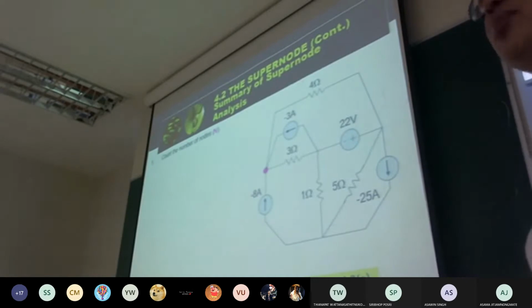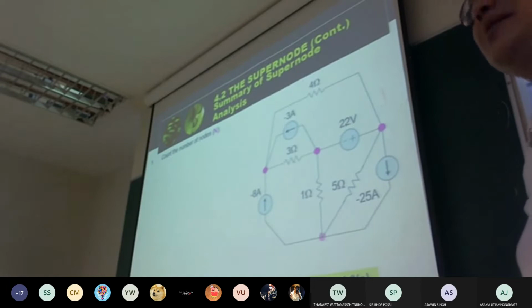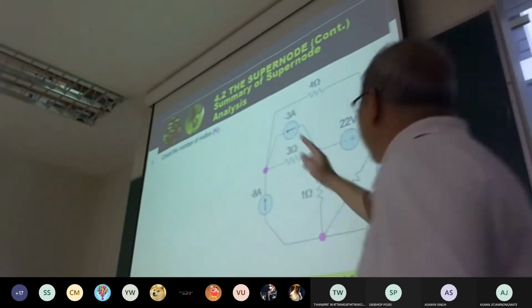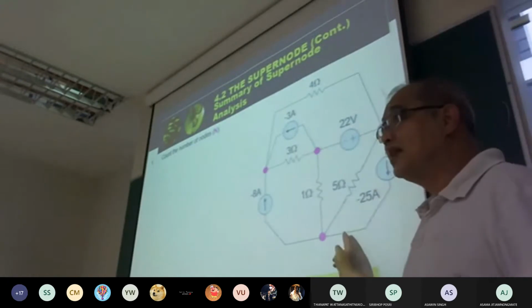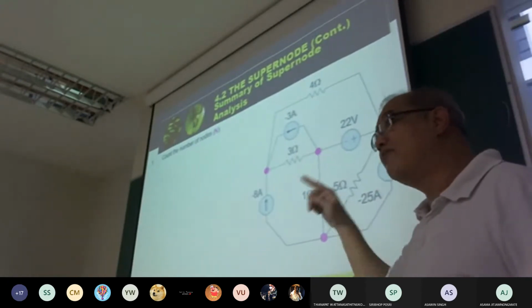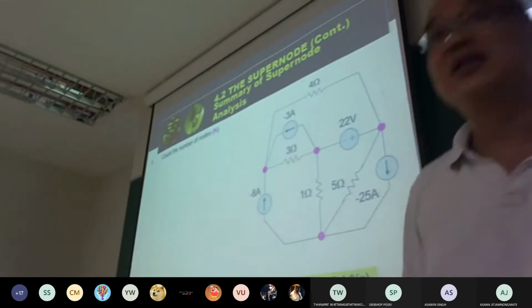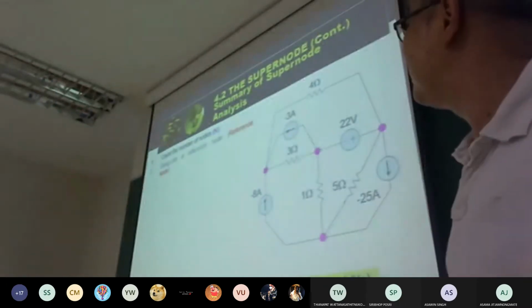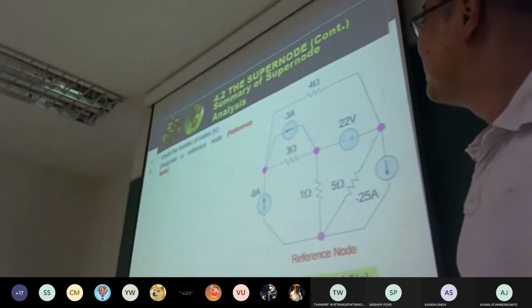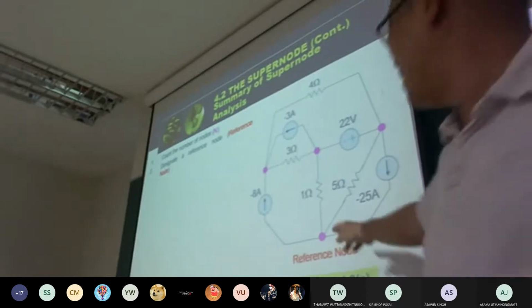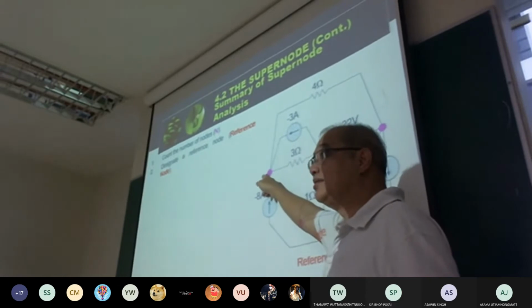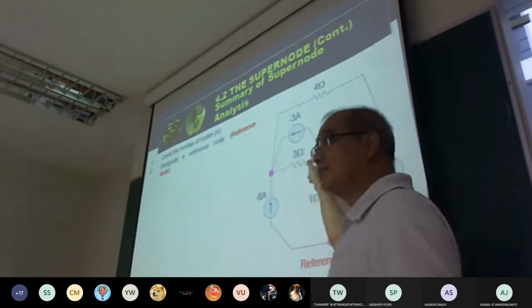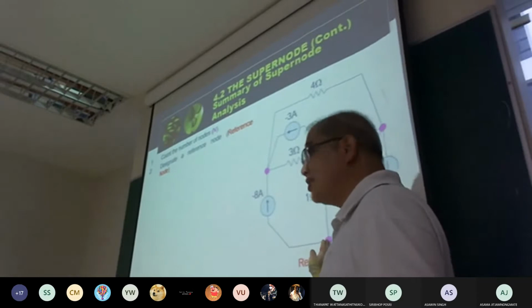The summary steps of the supernode are similar to the nodal analysis, with some modified points. First, you count how many nodes we have. In this case, n equals 4. You set one of them to be the reference, the same as before.